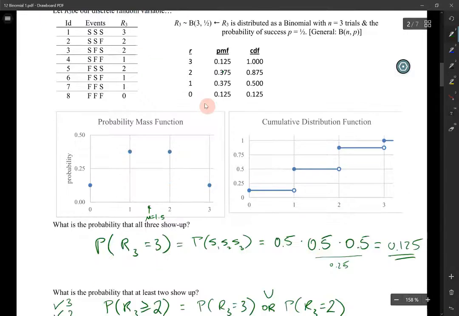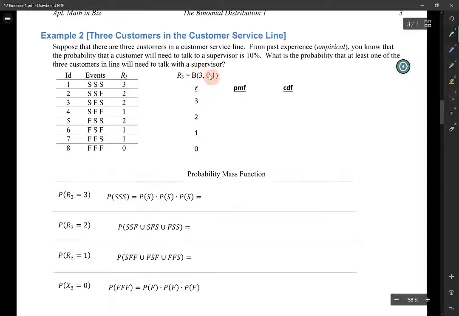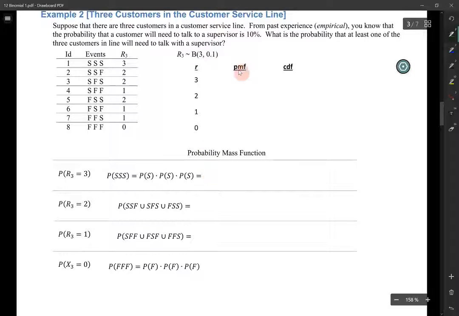It's a different probability distribution. So what we need to do is calculate these values of the probability mass function.